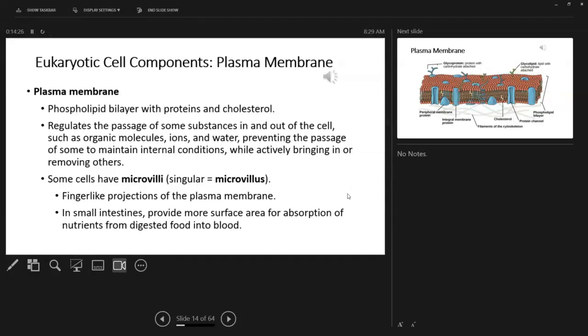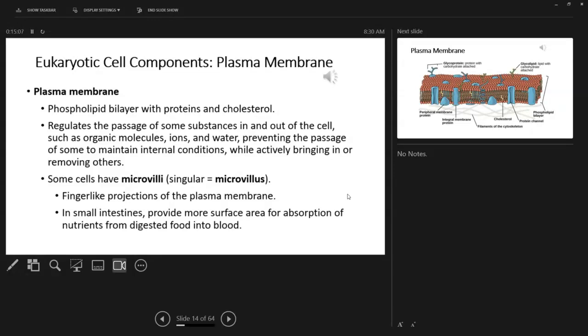The cells of your body have to have oxygen coming in, nutrients like sugars coming in, and waste products going out, carbon dioxide and other stuff. And there has to be the right amount of ions in the cells, like sodium and potassium and calcium. If there's not enough, it'll have to have ions coming in. If there's too much of something, it'll be going out. So that plasma membrane is important for moving stuff in or out of the cell.